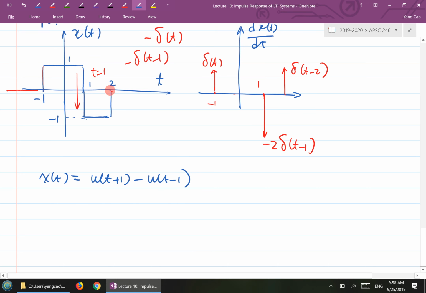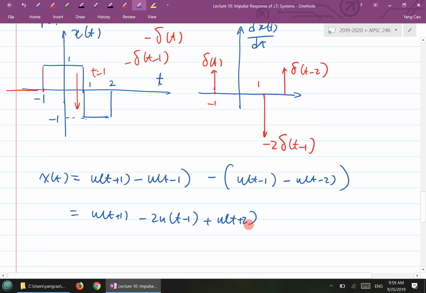The bottom box right here is u of t minus 1 minus u of t minus 2, and then put a negative sign in front of it. So x of t can be constructed through 4 unit step functions. And you can simplify this, and now you can calculate the derivative.